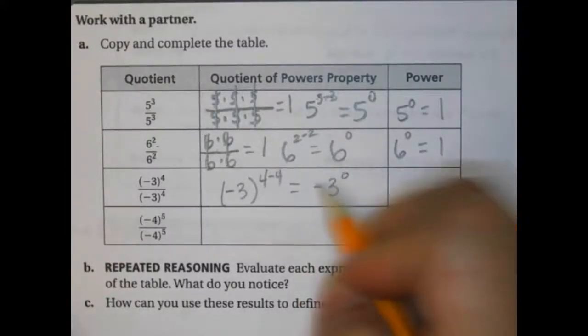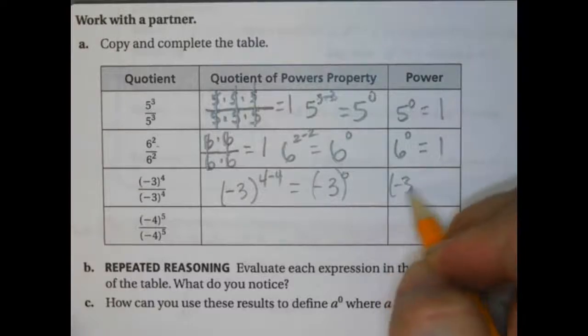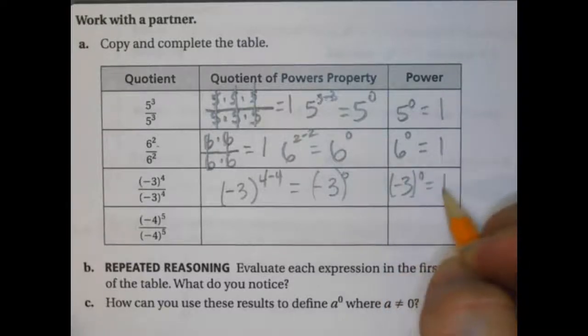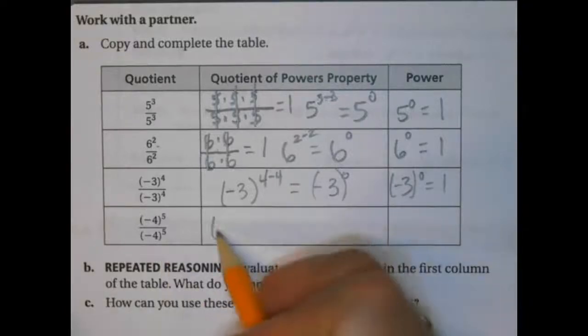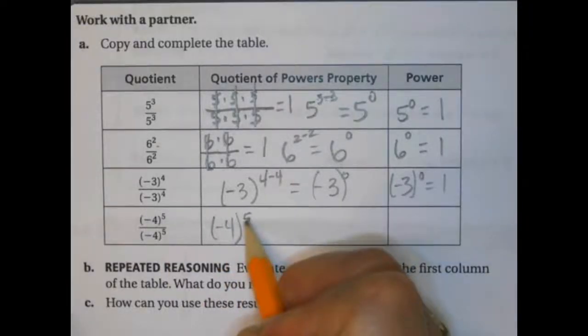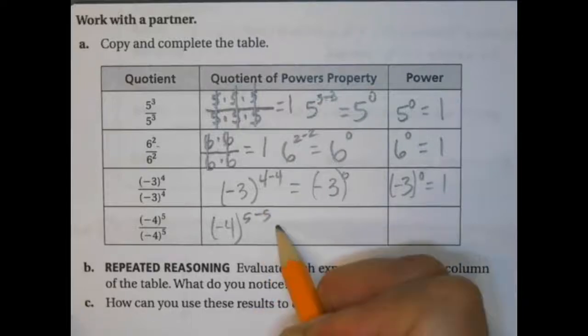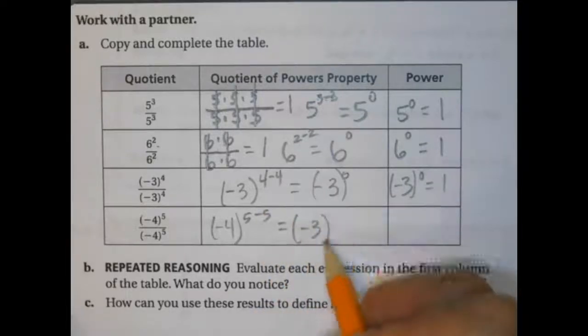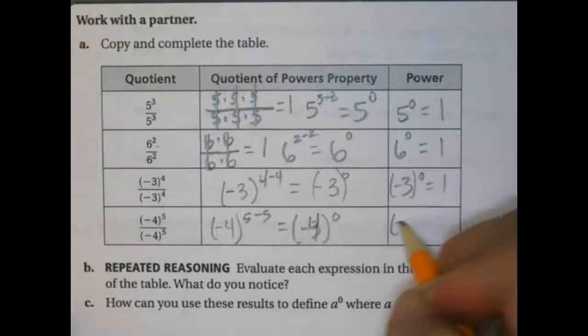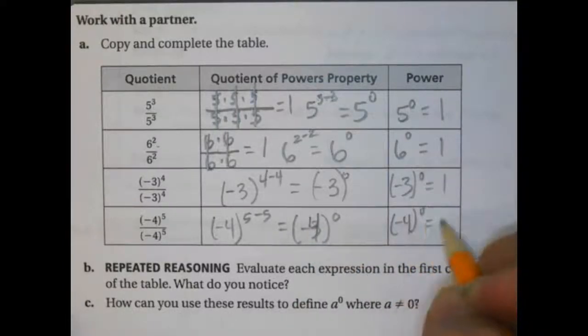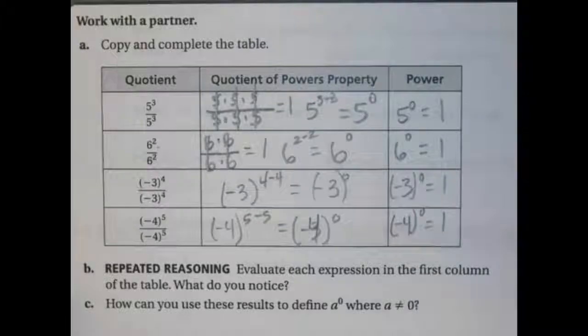And I know that negative 3 to the 0 is the same as 1. Okay? And this same thing over here, negative 4 to the 5th minus 5 is negative 4 to the 0. So negative 4 to the 0 is the same as 1. Okay? You guys all get those right? Easy peasy lemon squeezy, right?